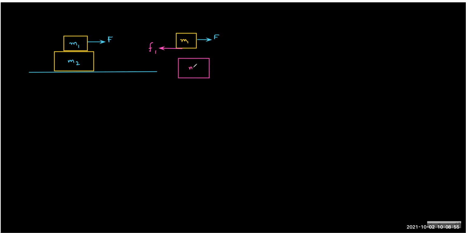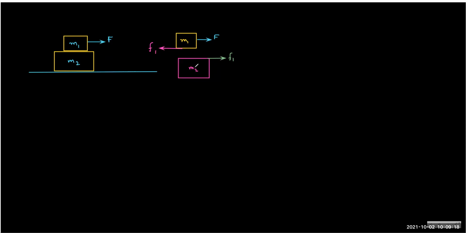The action-reaction pair will always be there, so that's not a big deal. So we know this is going to be F1. We started with F because that is the driving force creating the tendency in the system. Then I got F1, and now that F1 got transferred to M2.